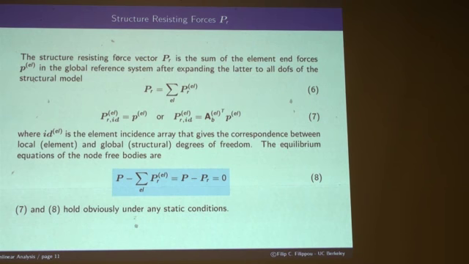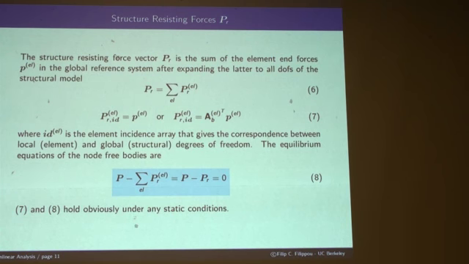We write this process for convenience's sake as a Boolean matrix multiplication. A Boolean matrix is a matrix that only has ones and zeros, and it allows me to write the same operation that you're doing here. In fact, I should not have written P_R ID, so this is a typo. It should say P_R of the element, not the ID, because the ID is sitting now inside the Boolean matrix.